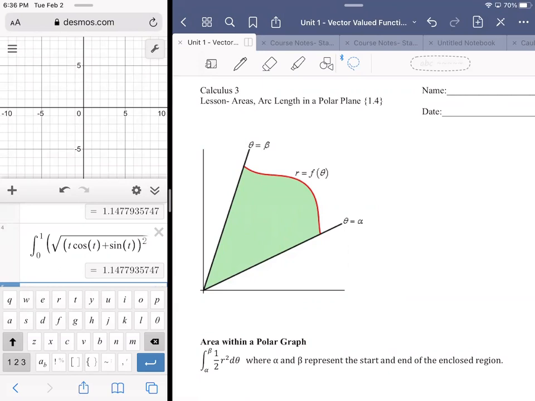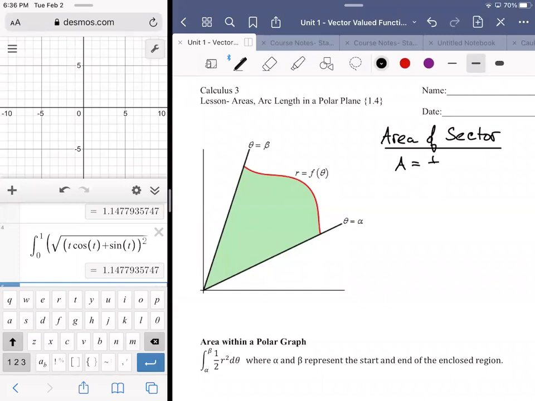But it does rely on a pre-calc concept, and that is the area of a sector. Specifically, it's a circular sector, but everything is implied to be circular in the polar coordinate system. So area of a sector, in general, is equal to 1/2 r squared theta.